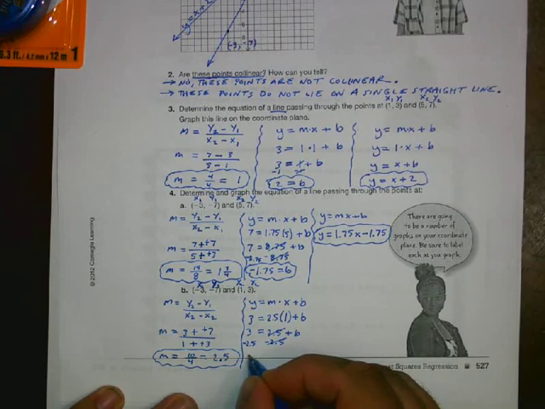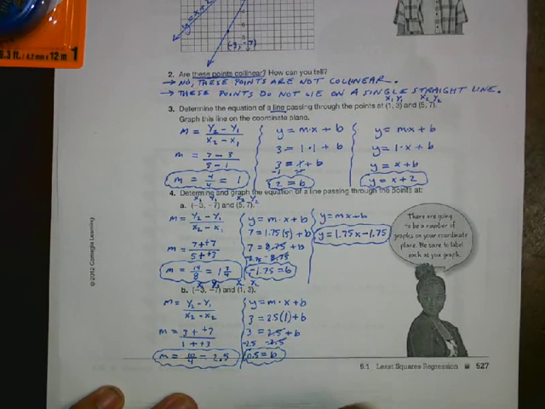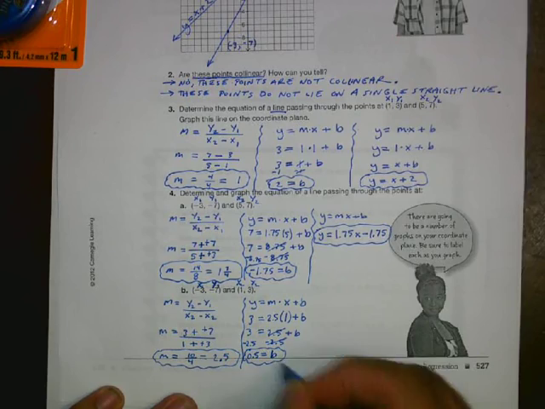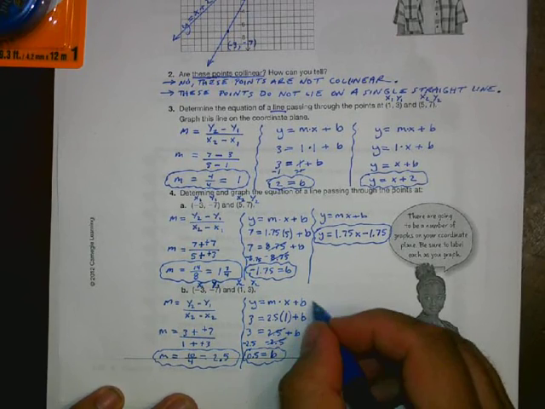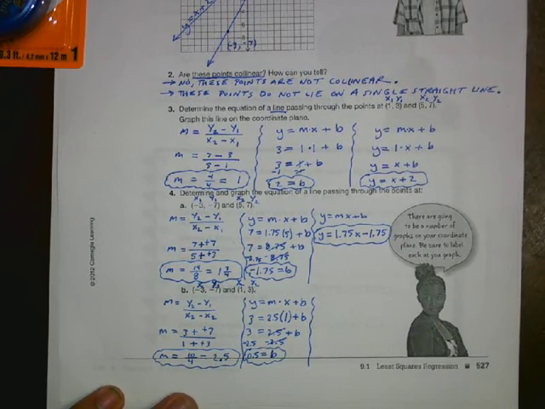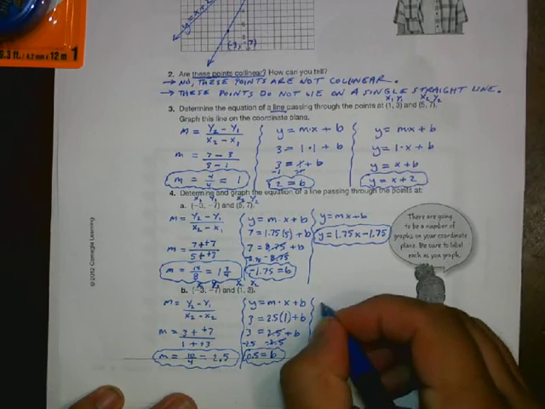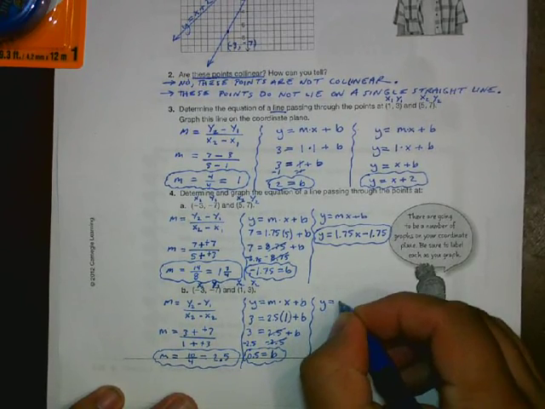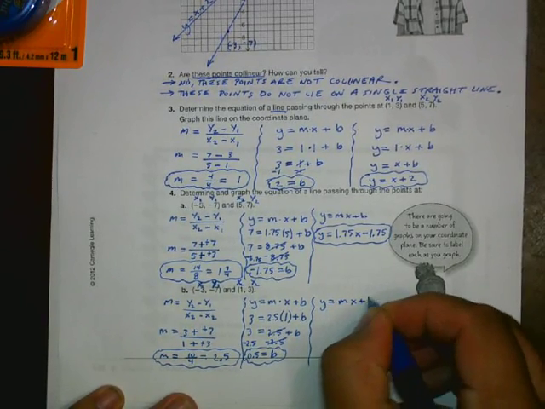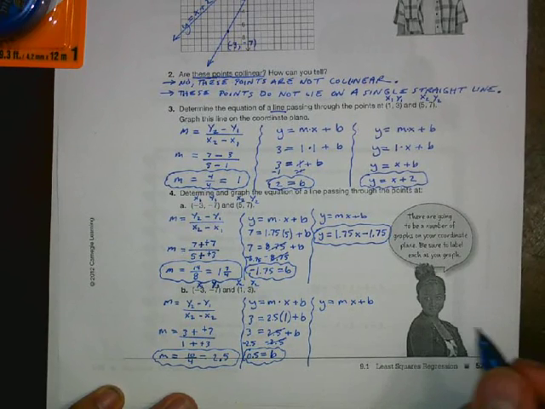So 0.5 equals b. We'll put a little squiggly box around it. Okay, so now we got that much. Let's go ahead and get our equation. y equals mx plus b. Let's sub in what we know.